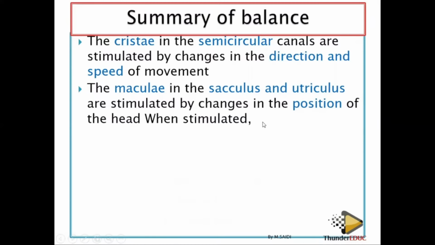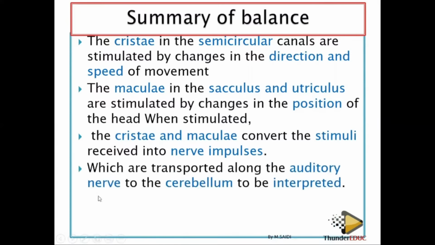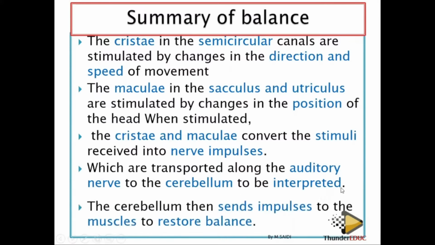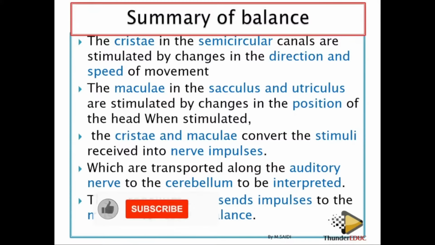When stimulated, the cristae and the maculae convert the stimuli received into nerve impulses, which are transported along the auditory nerve to the cerebellum for interpretation, so that the cerebellum then sends impulses to muscles to restore balance. That's it. Then you get your marks. You just get your marks. Don't need to waste time writing a lot of things. This is what we need.